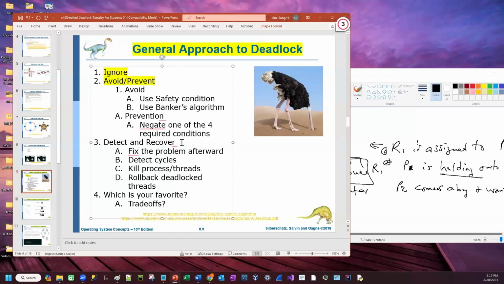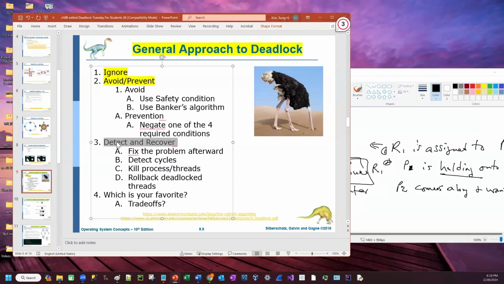Okay? But the third option is not to do so much about avoiding or preventing, but detecting it, right? Because ignoring it, you're not even detecting it. Here, detect and recover. So you don't want to spend a lot of time trying to prevent it happening, which may not happen for a long time, or may not be such a bad idea, not devastating.